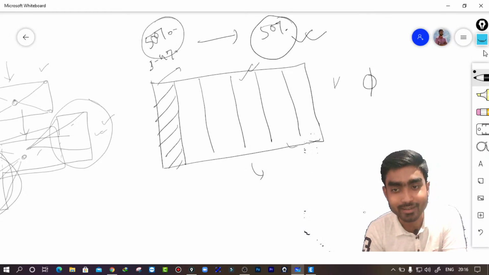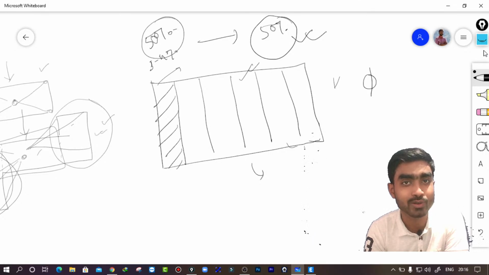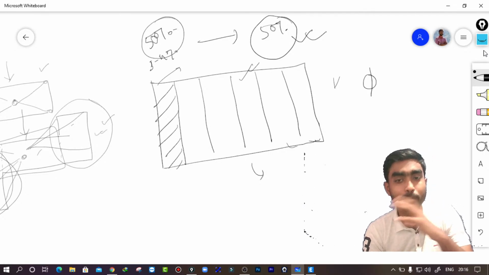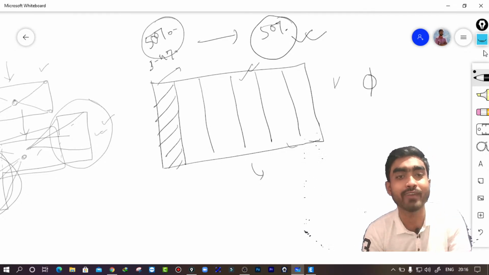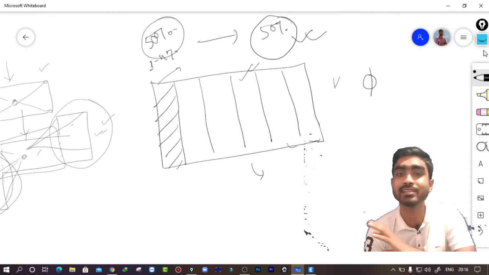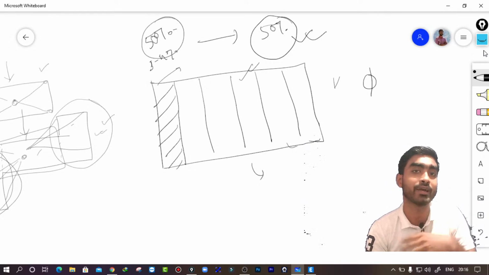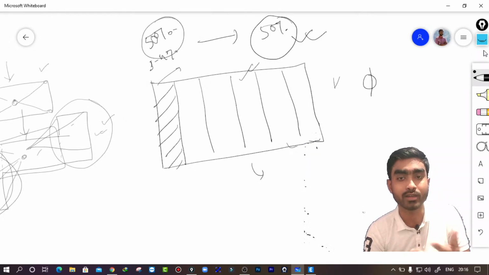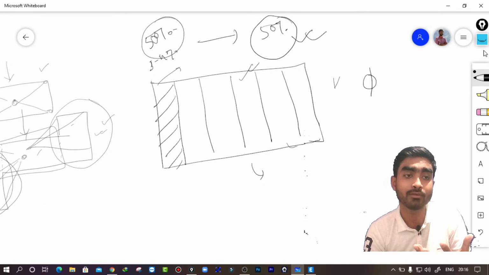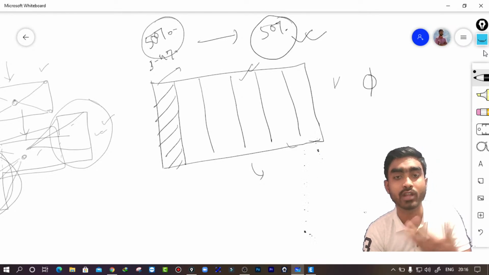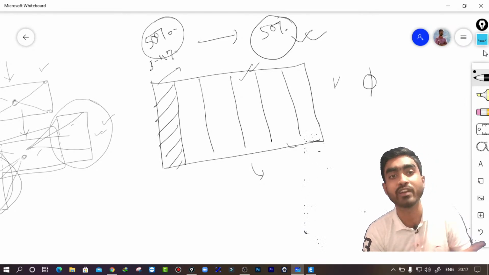So in the case of modal behavior also, this is the actual behavior of the structure under free vibration. When there is no lateral load, the structure is allowed to vibrate by itself. Free vibration means it is not having any damping, so it is allowed to vibrate.